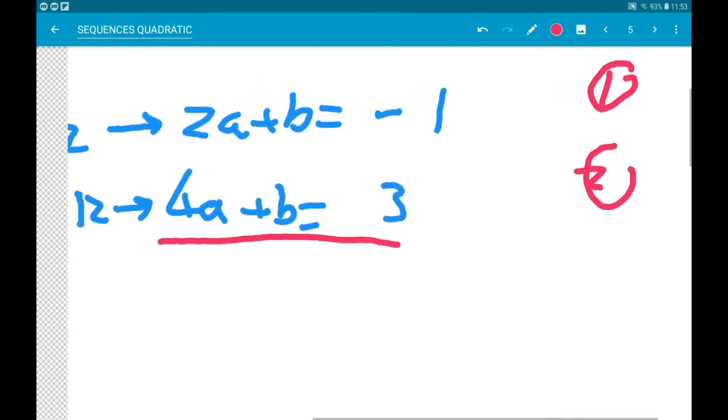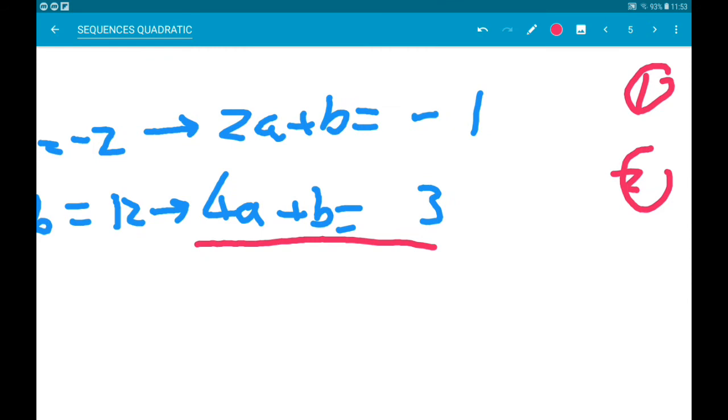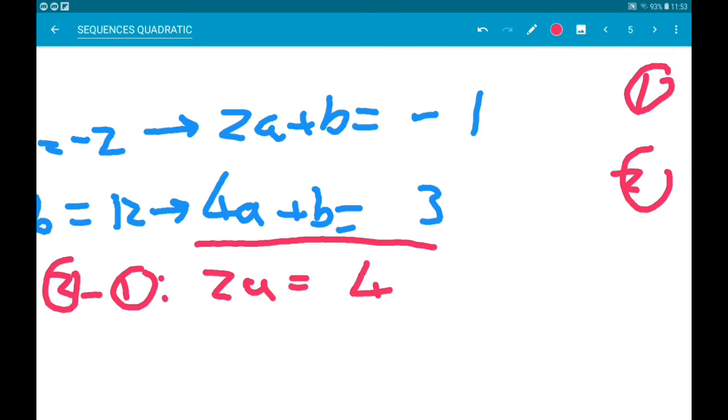Now the way I'm going to do that is by doing 2 take 1. So 4a take 2a is 2a. b take b is 0. And 3 minus 1 is 4. So a is equal to 2.